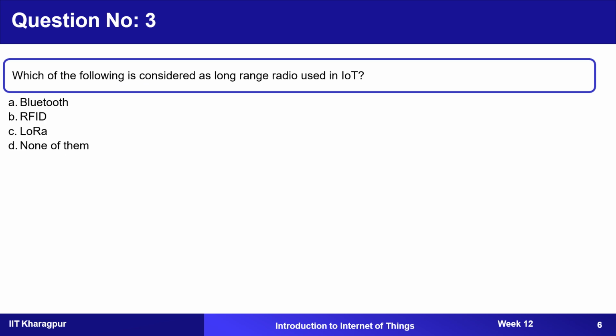Next question is, which of the following is considered as long range radio used in IoT? Options are Bluetooth, RFID, LoRa, none of these. For now, if you are not able to recall, you can use your notes.